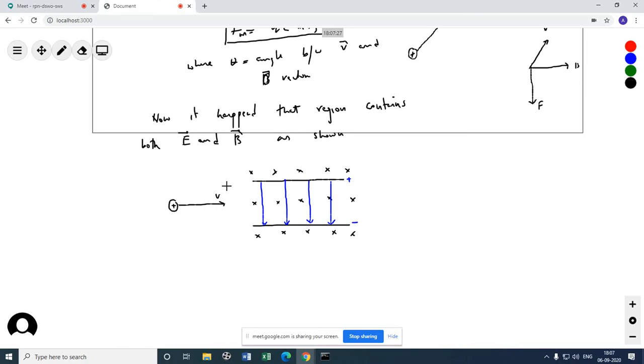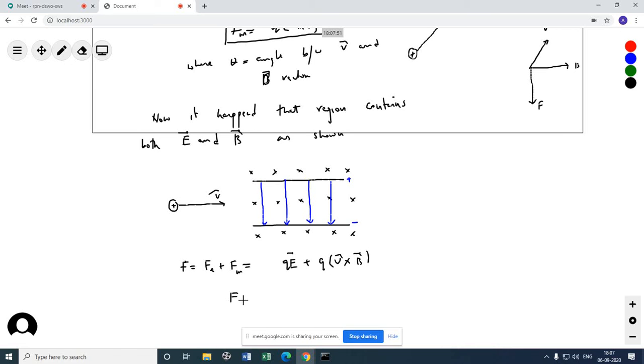But in this case, the total force experienced would be F equals the electrostatic force plus the Lorentz magnetic force. I can write this as Q times E, the electric field vector, plus Q times V vector cross B vector.